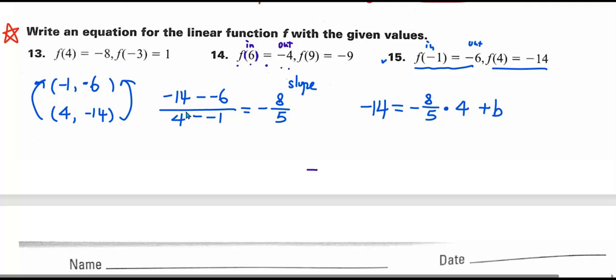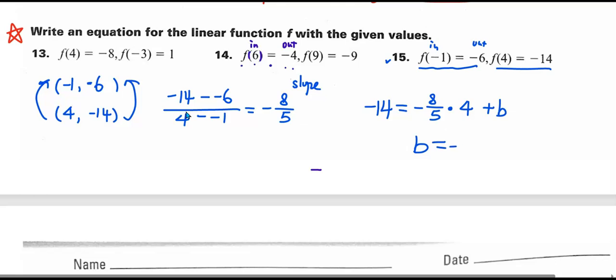Okay, once again, I would love to give you the opportunity to practice your fraction calculation: adding, subtracting, multiplying, and dividing. Pause this video, go ahead and find b. Okay, is it scary? No, just keep this negative 38/5.